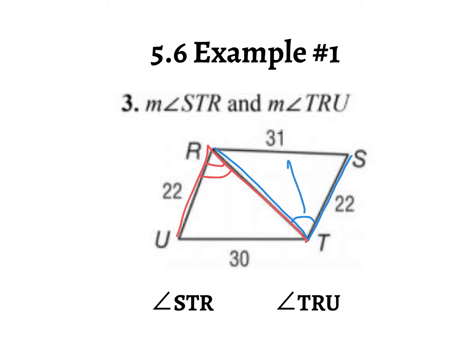Angle T is opposite to 31, and this angle R is opposite to 30. So, since 31 is greater than 30, I can predict that angle STR is greater than angle TRU. That's really it.